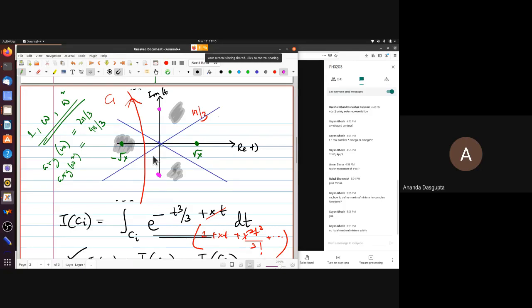Yeah, no local maxima or minima exists for the simple reason that the two second derivatives have to be of opposite sign. And because they are of opposite sign, you cannot have any local maxima or minima.